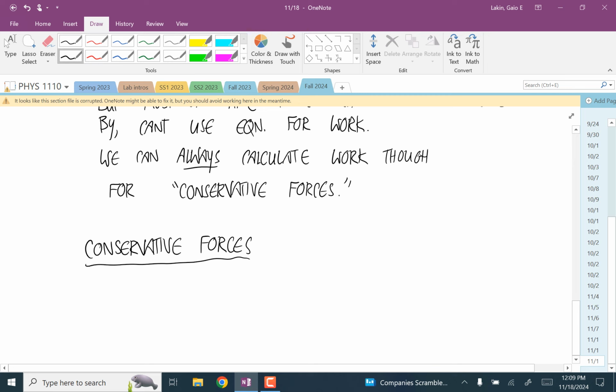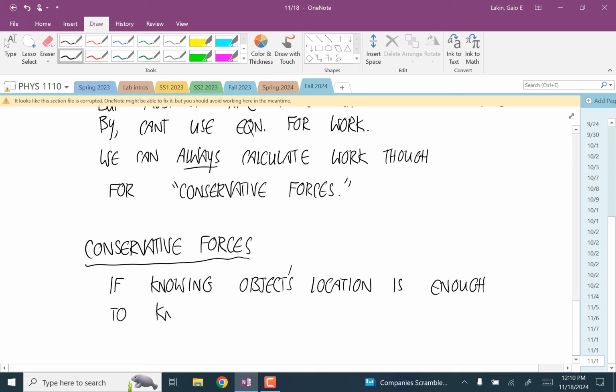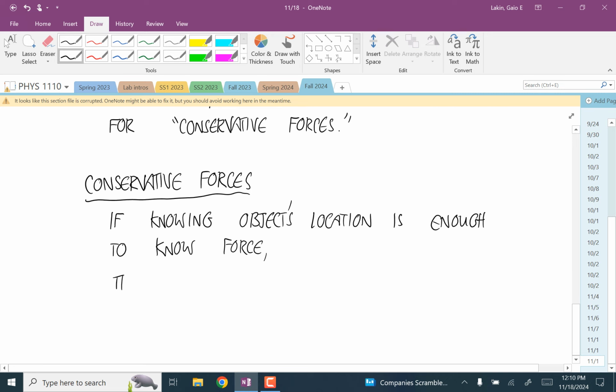The definition of a conservative force is: if knowing an object's location is enough to know the force, the force is conservative.